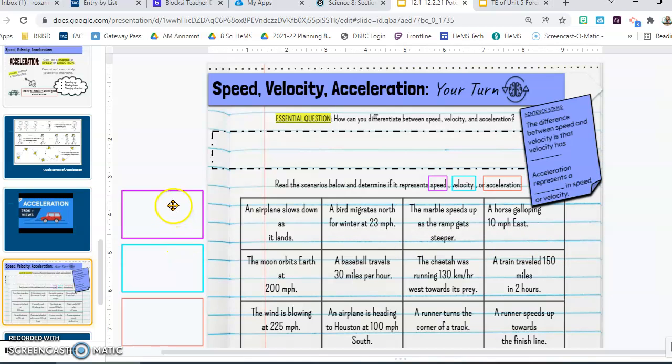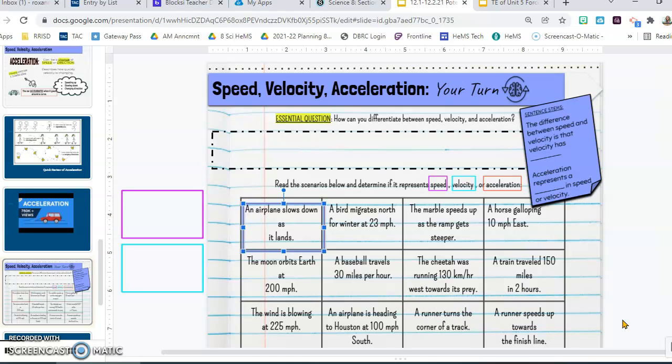What you're going to do is drag these over. An airplane slows down as it lands. You're going to look at that and go, wait a minute, speed, velocity, or acceleration? I think it's going to be this one, so just drag it over. A bird migrates north for winter at 23 miles an hour.